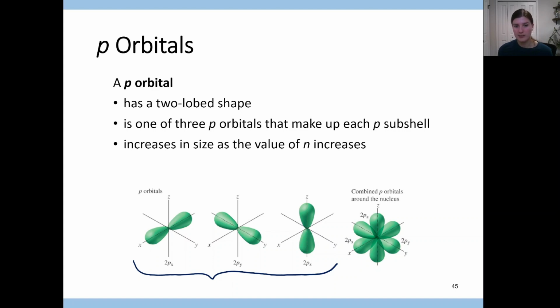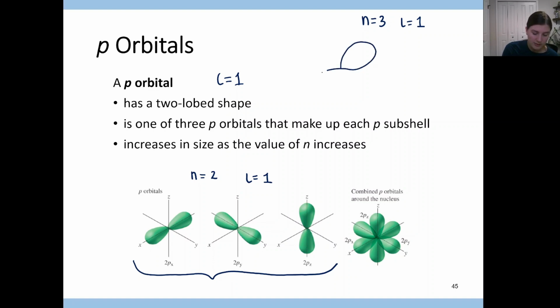These again increase in size as the value of n increases. So if we have L equal to 1, we're looking at p orbitals. Remember, L can only equal up to n minus 1. So if this is n equals 2 and L equals 1, to describe these 3 orbitals here, then if we're looking at n equals 3 and L equals 1, we have the same shape, just larger size.